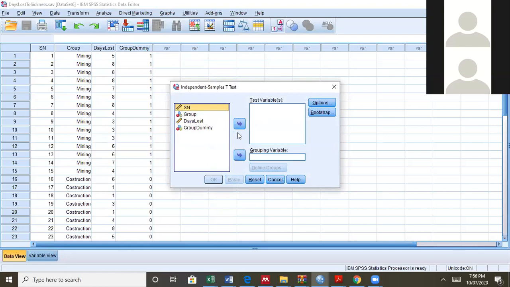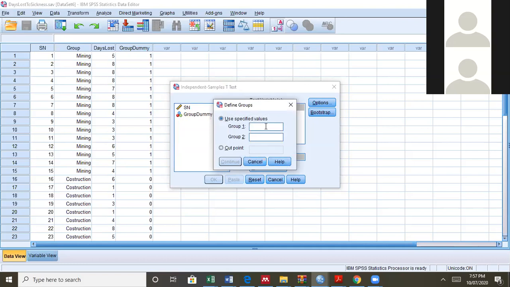Day loss is your quantitative variable there. Then the group variable is what differentiates mining from construction. Move it over. It now gives you a question mark, because you need to say how you coded it. Click on define group.